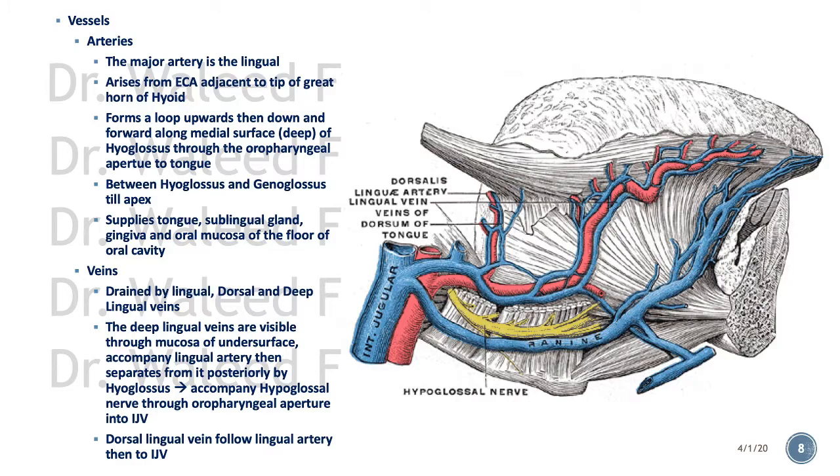with the movements of the tongue. And after forming the loop, it disappears medial to hyoglossus and goes along the medial surface of the hyoglossus, between the hyoglossus and the genioglossus, means between the hyoglossus and the tongue itself, and supplies the tongue and the floor of the mouth and the lingual surface of the gingiva, the inside surface of the gingiva of the lower jaw.